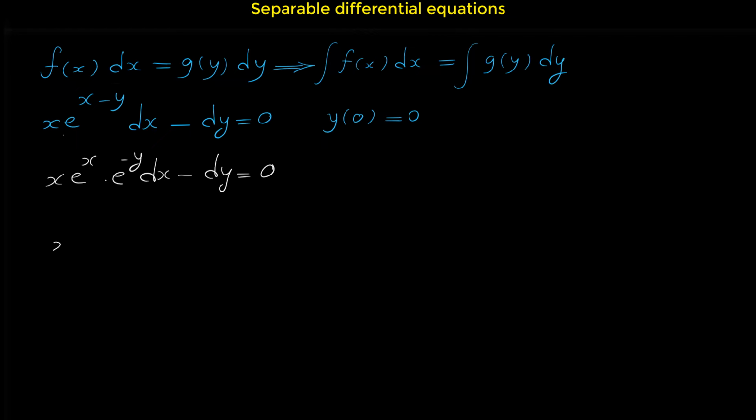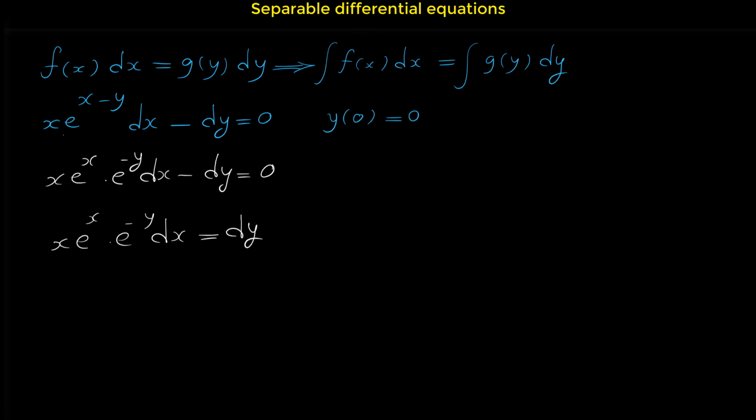So we keep x times e to the x times e to the negative y dx in the left, and we move dy to the right. Now we have to bring this term to the right, and for bringing e to the negative y to the right, we can divide both sides of this equation by e to the negative y.